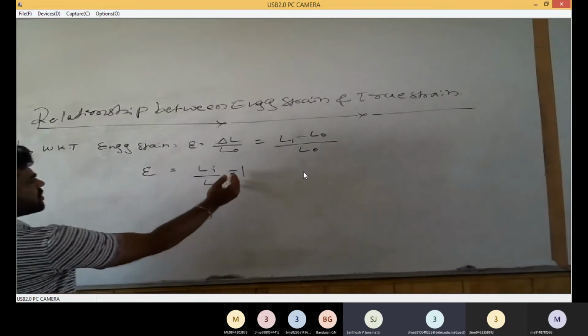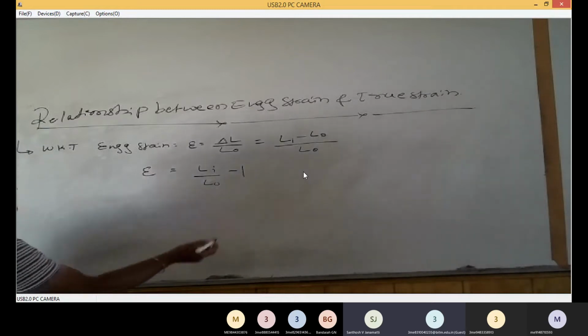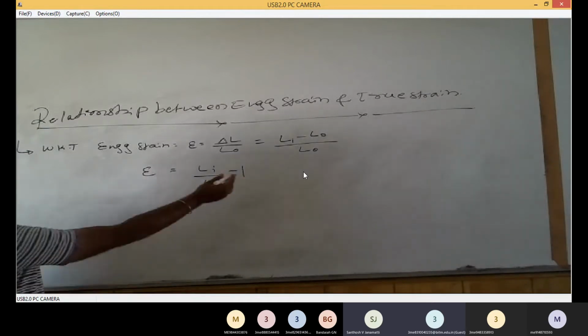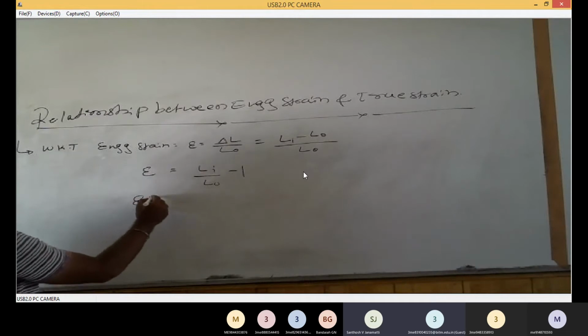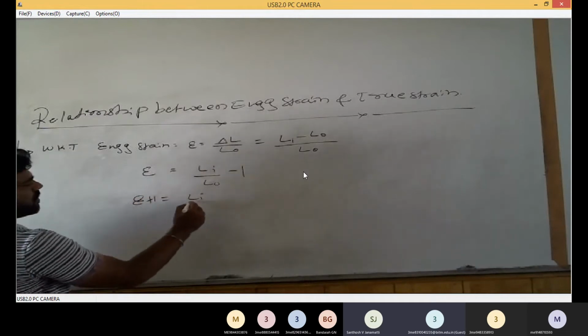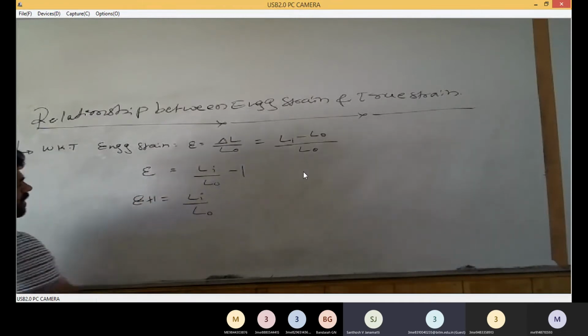Now you can push this 1 to here. What happens? e plus 1 is equal to Li by L naught. Hope you understand this.